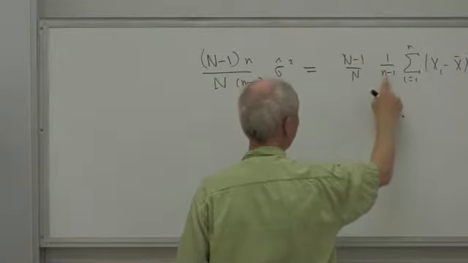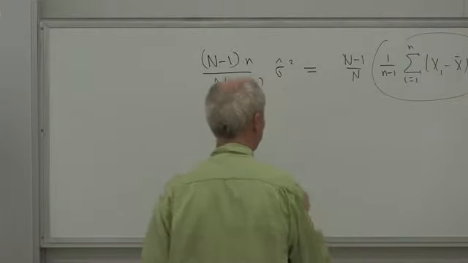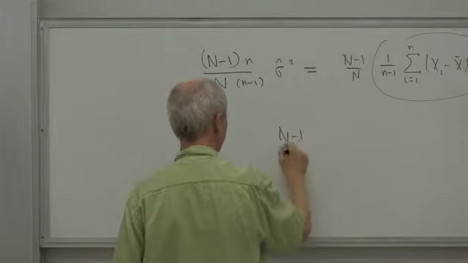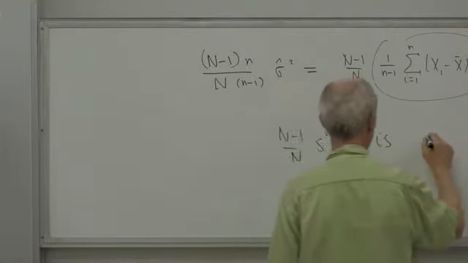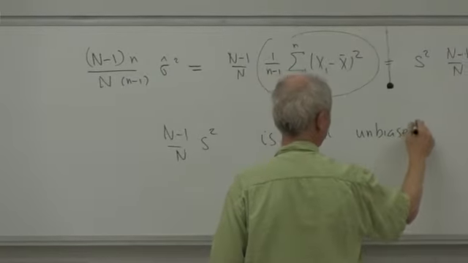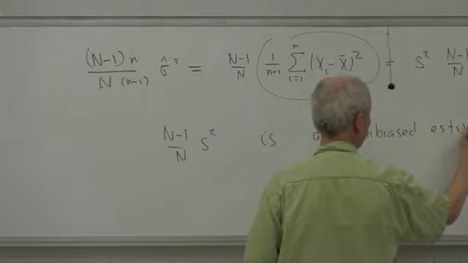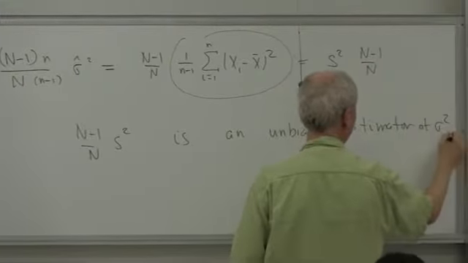And then I just put the 1 over n minus 1 with this, and now this part is s squared. So we get that n minus 1 over n, s squared, is an unbiased estimator of sigma squared.